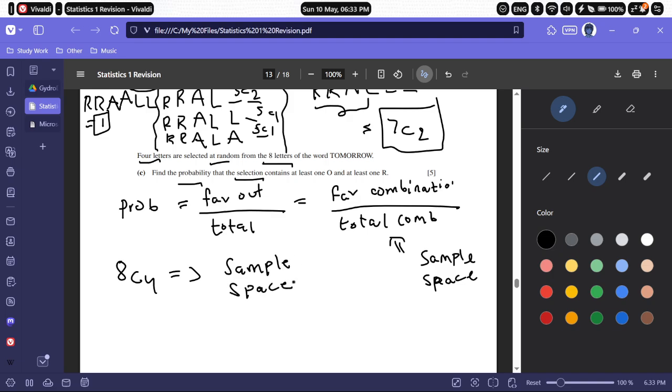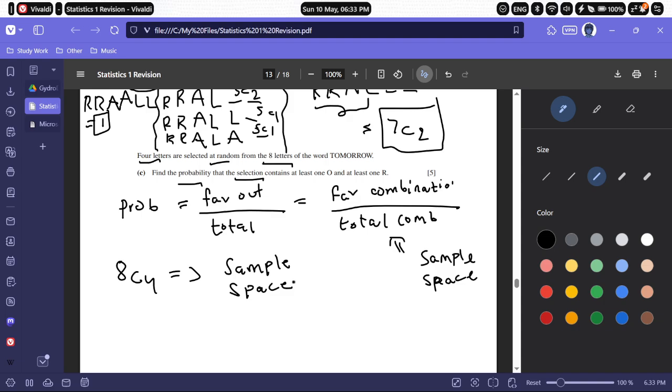But when you do 8C4, you're actually considering all of the items to be different or unique. You're not accounting for repetition. That's just the way you define your sample space. You're choosing any random four letters from eight letters, and it does not matter if they're identical.